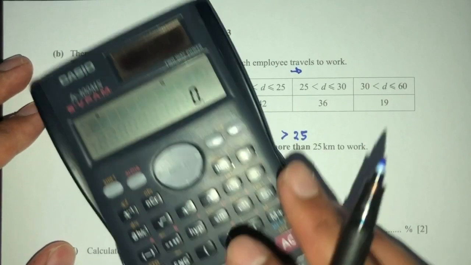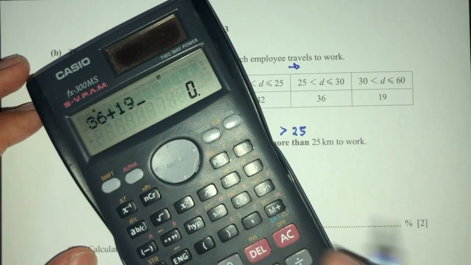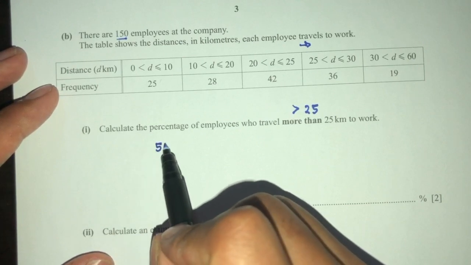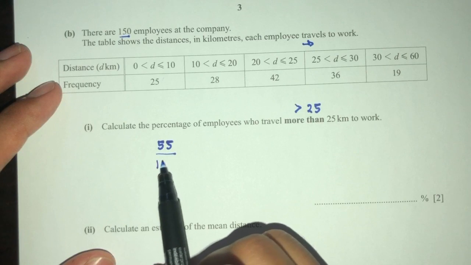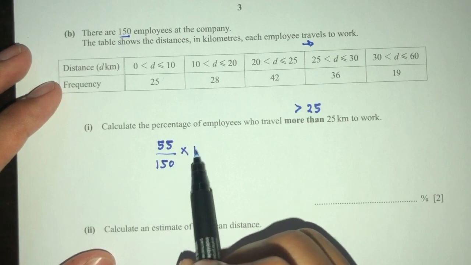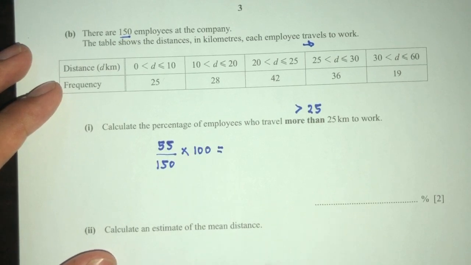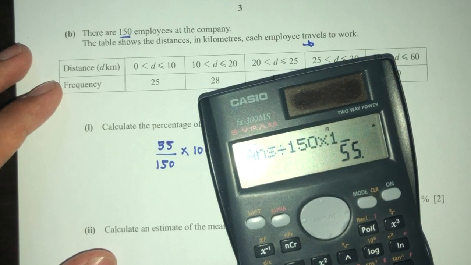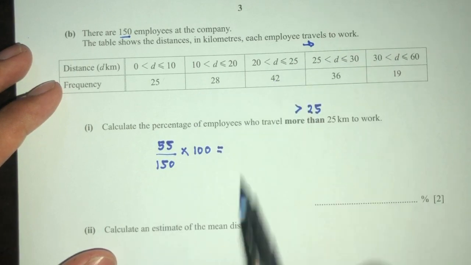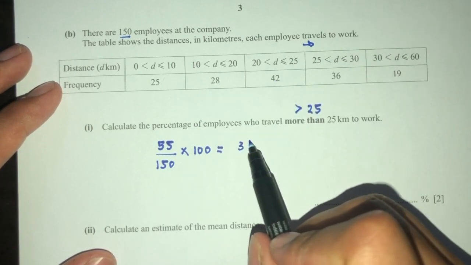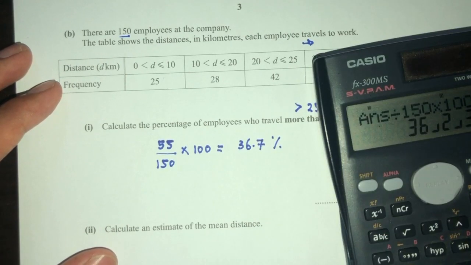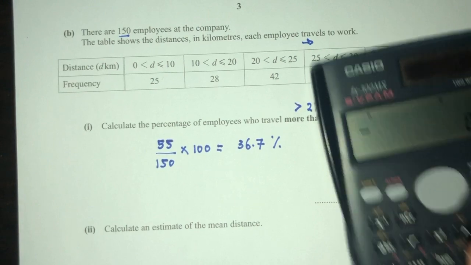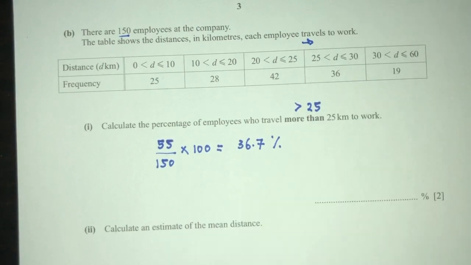So the number of employees traveling more than 25 will be 55. So 55 employees travel more than 25 km to work, so divide by 150 times 100. That will be 36.7 to 3SF, and you can write this as the percentage of employees.